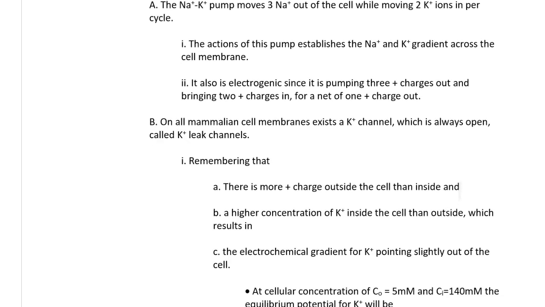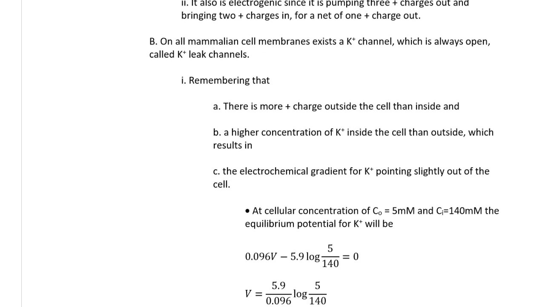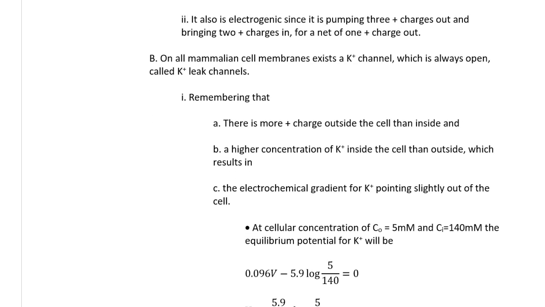On all mammalian cell membranes, there exists a potassium channel which is always open, called the potassium leak channel. So this is a channel that's always open, and what this channel will do is make the cell membrane slightly permeable to potassium. So what we're going to do next is find out, if the membrane is slightly permeable to potassium, what will potassium do?